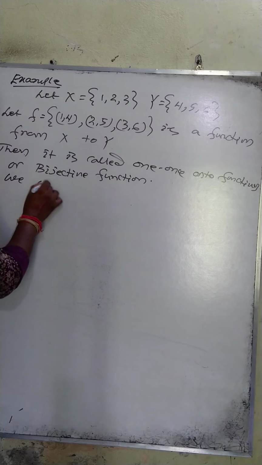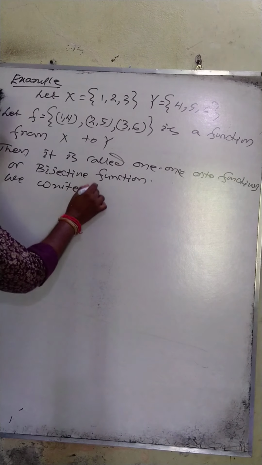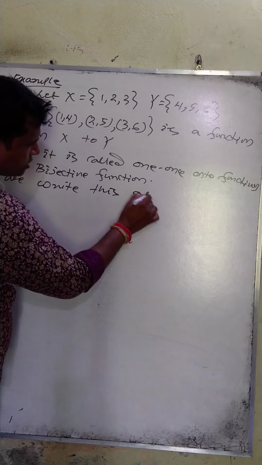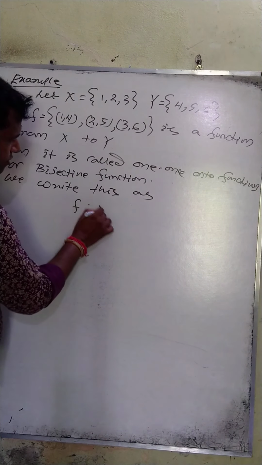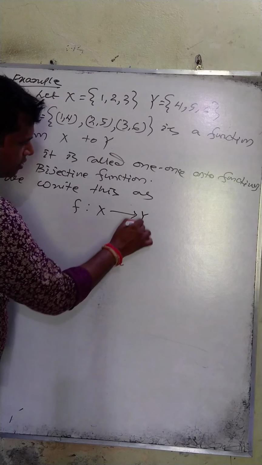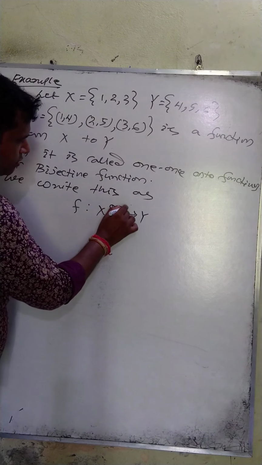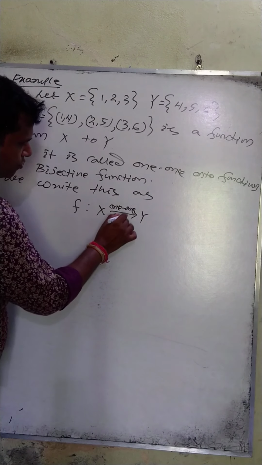We write this as f: X to Y one-one onto.